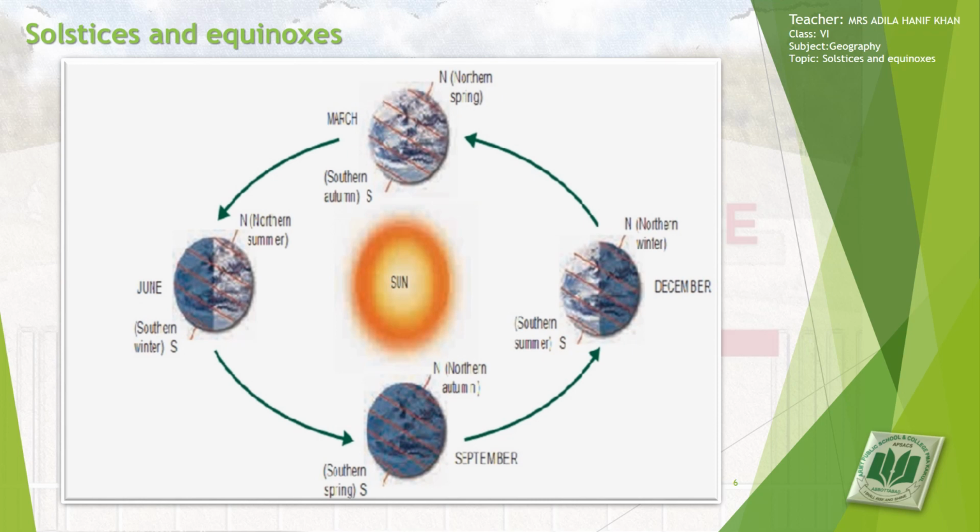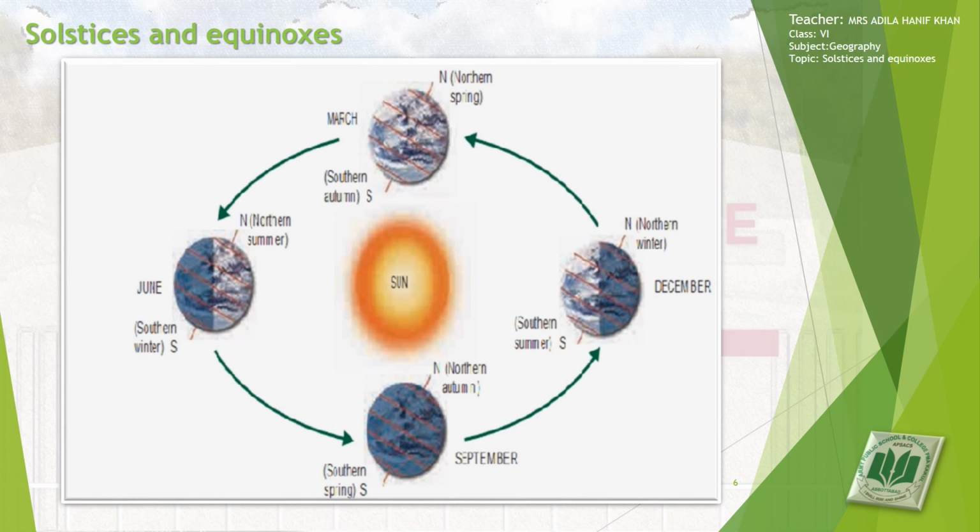Therefore, 21st June is the longest day of the year and the 22nd December is the shortest day of the year. Each of the two times is called the solstice. This process is the opposite in the southern hemisphere, where the longest day is on 22nd December and the longest night on 21st June.